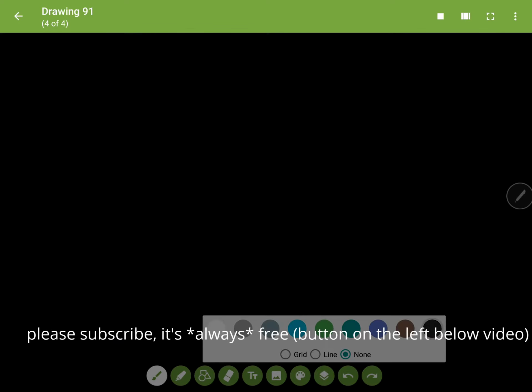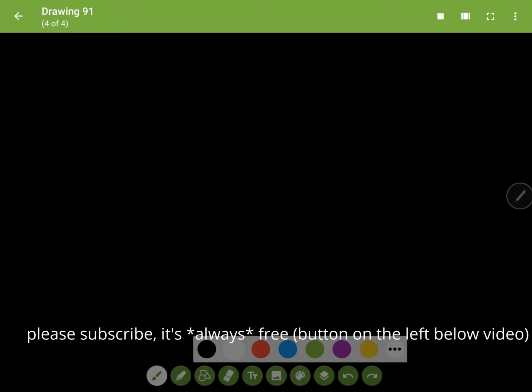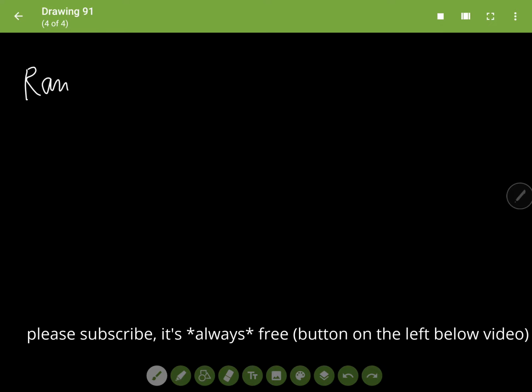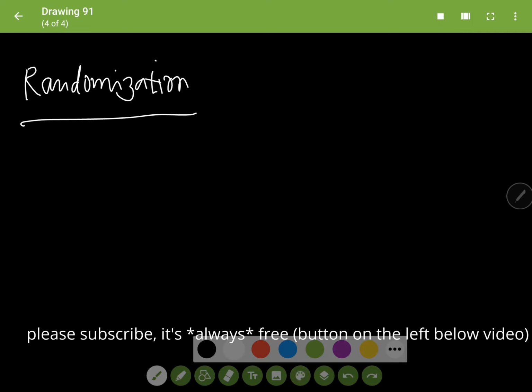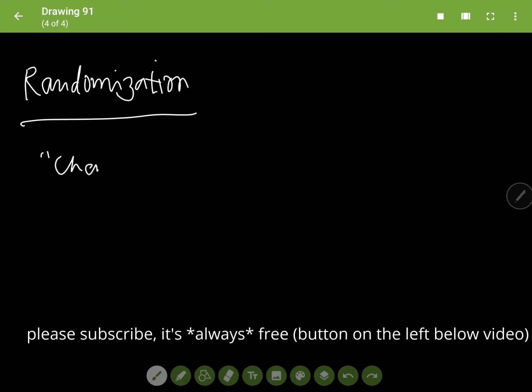Now on to randomization. Now, randomization is using chance to set up your controlling case.